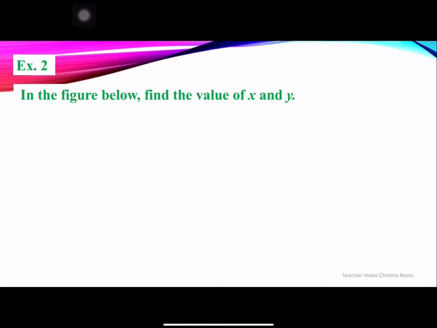We have another example here. In the figure below, you have to find x and y. So this is a right triangle, by the small square that you see here, and one of its interior angles is 60 degrees, so this must be 30 degrees.